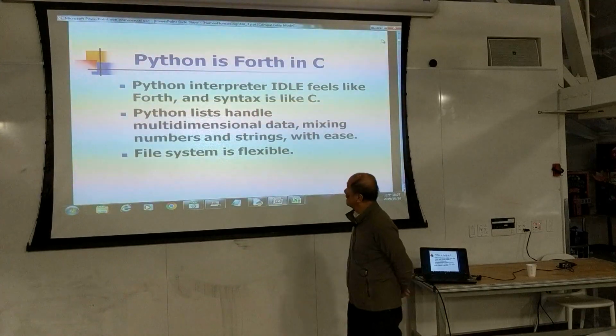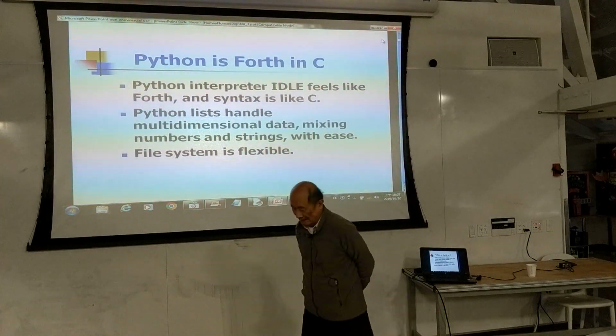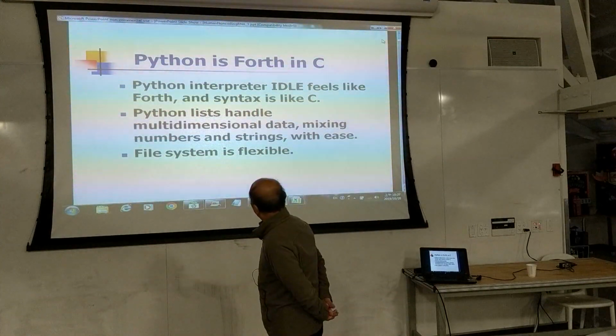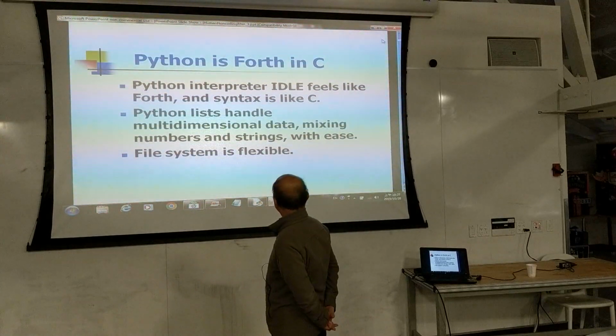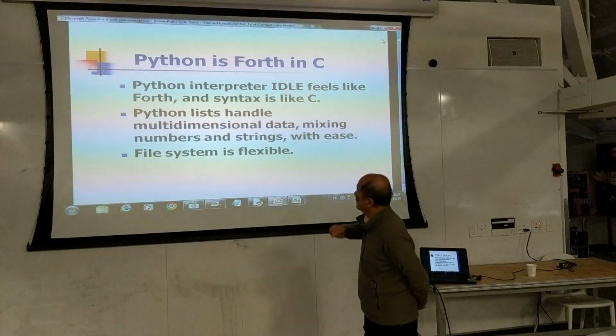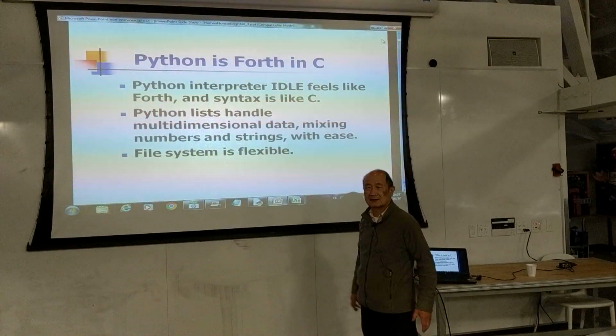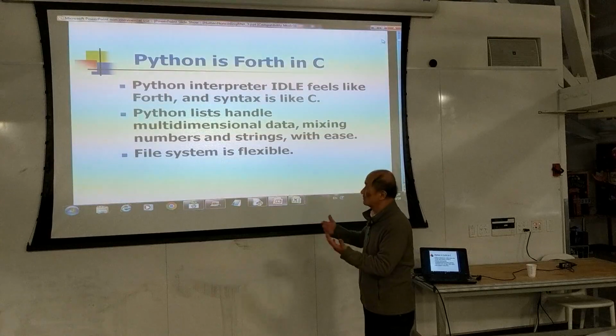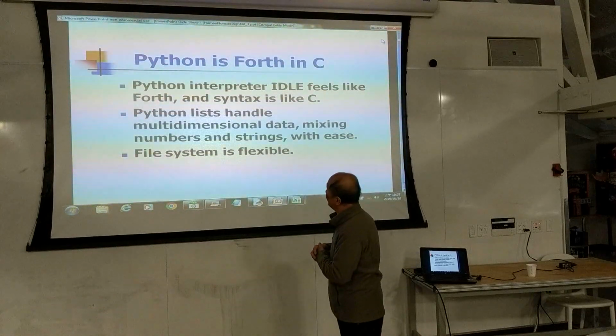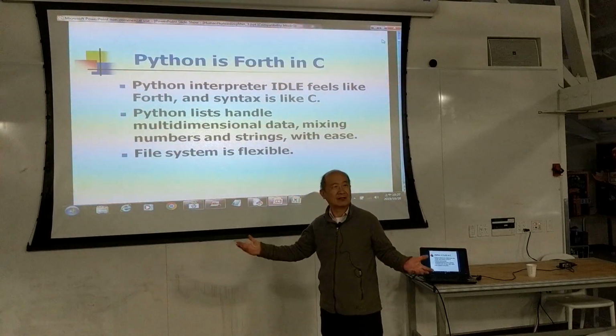The Python interpreter, or what they call IDLE, feels just like Forth. It's an interpreter. You type things, it does the work. And in Forth, we put everything on a stack, so you often look at the stack to see what's going on.